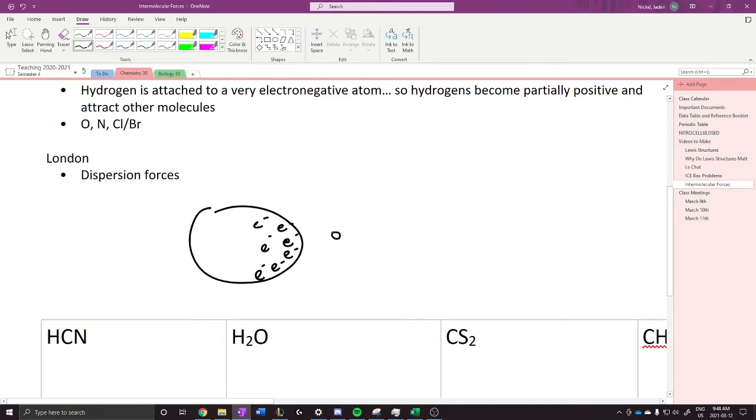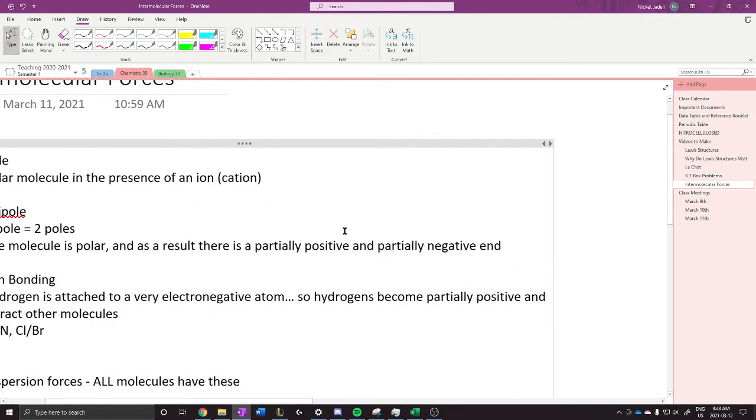We use that sigma symbol to indicate whether something's positive or negative, but basically one side of the molecule at any given point in time will become slightly negative, one side will become slightly positive. It's sort of a weird one, but we can say that all molecules have these. At any given point in time, if there's electrons in a molecule, which all molecules have, the electrons can pile over to one side.